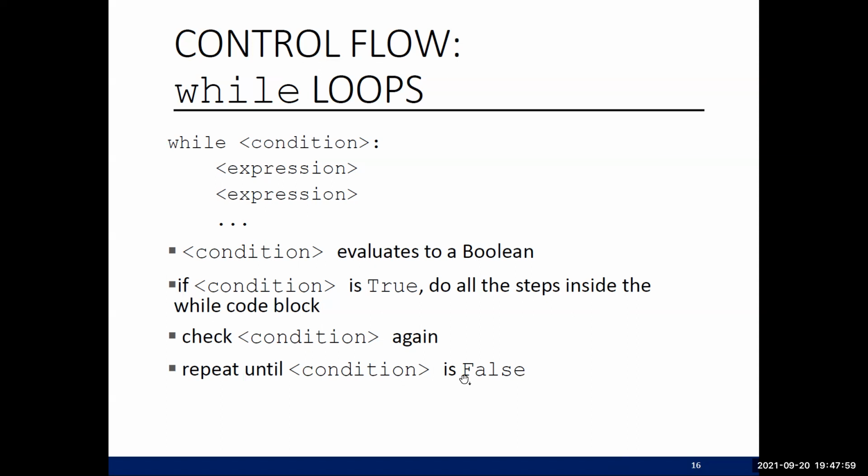For example, while A greater than B, do 1, 2, 3. Three steps I have, or 3 expressions. The program will keep doing those loops until A is not greater than B anymore, which means with each iteration, I have to change the value of A to reach a certain point to negate the truth of A is greater than B.